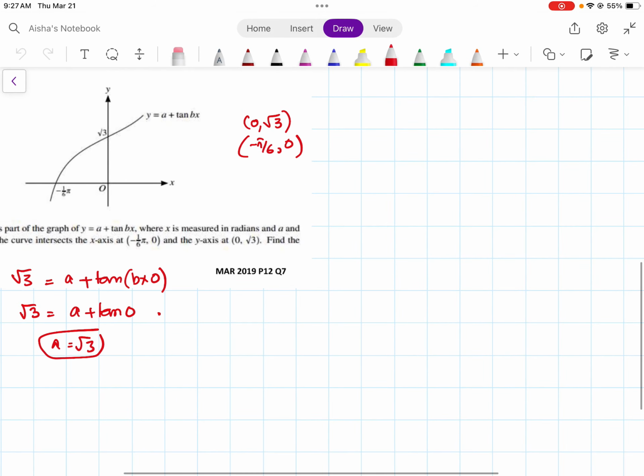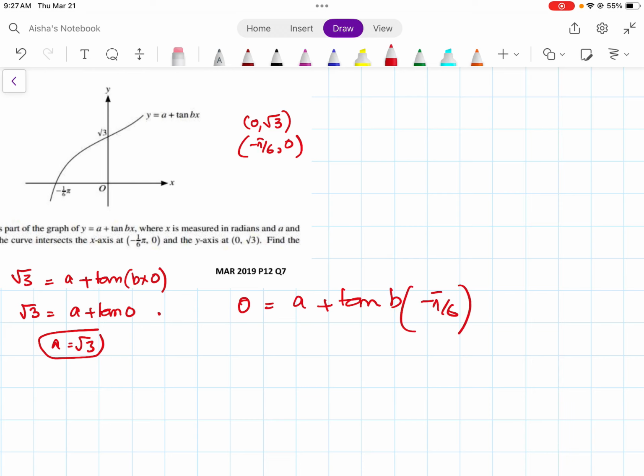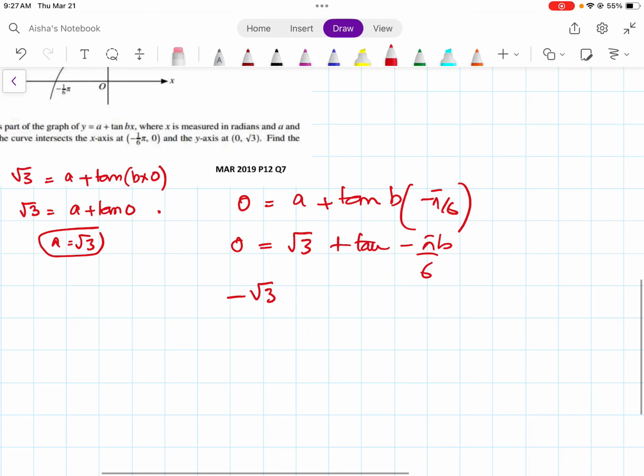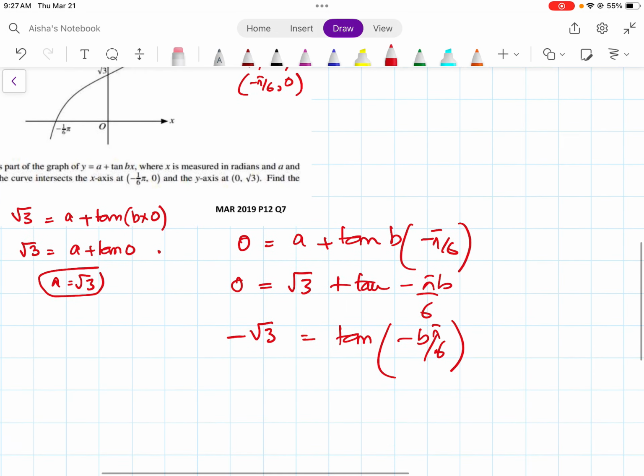Plug the other value in. The a value is under root 3. Tan inverse under root 3 is 60 degrees. And the next time it occurs is going to be at 180 degrees.